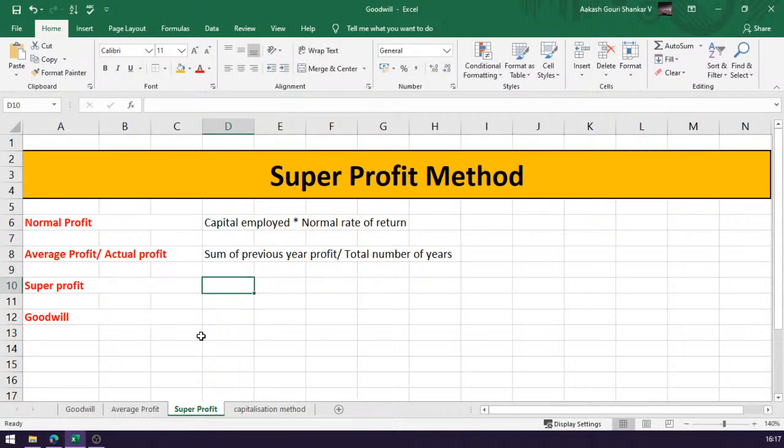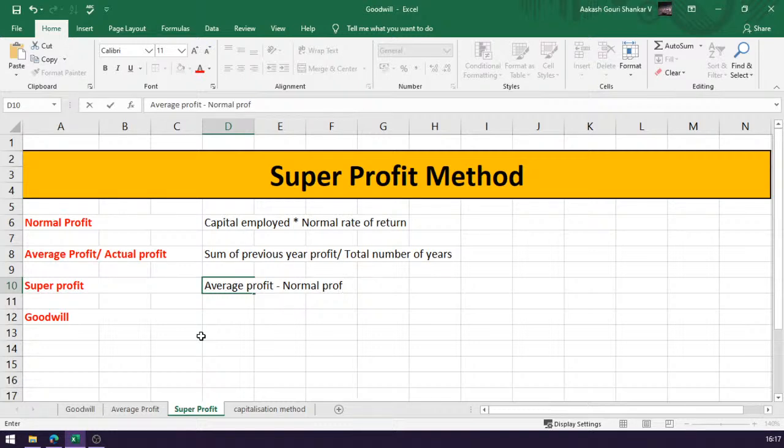So what will be my super profit? The profit which I am earning minus the normal profit, which is an anticipated profit. So this difference will be a super profit. So super profit is nothing but my average profit minus normal profit. So what is the normal profit?